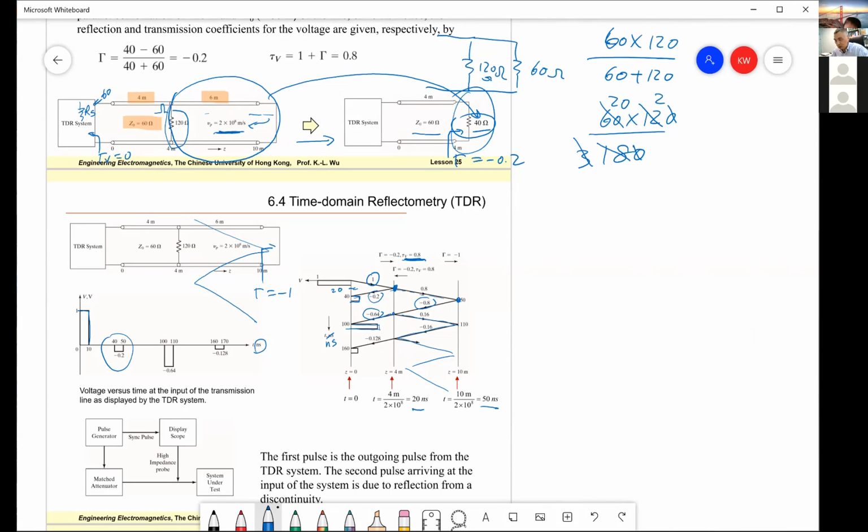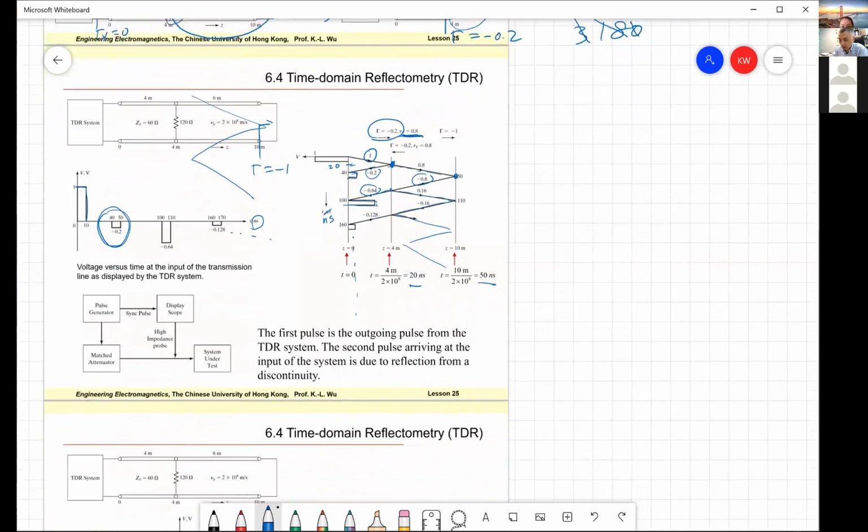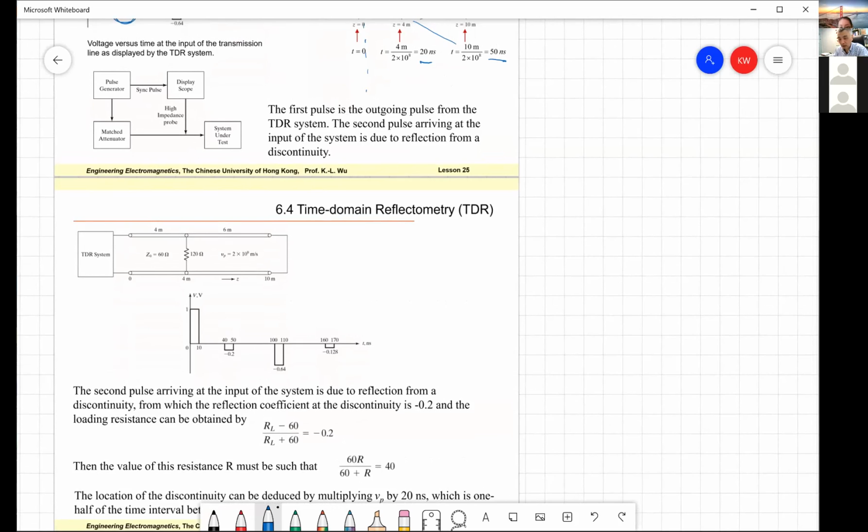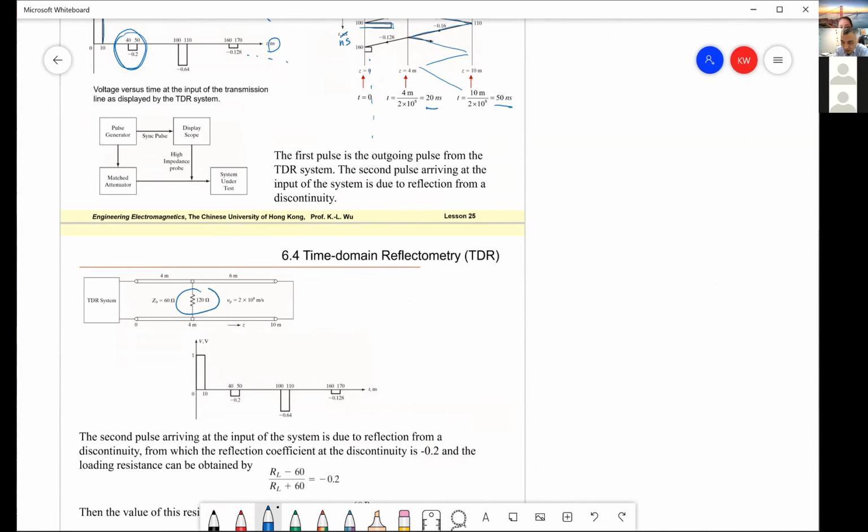Even though we have an infinite number of reflections, this first reflection is already determined by the reflection coefficient. This is already enough for us to detect what this value is and how long this distance is. Do you agree?